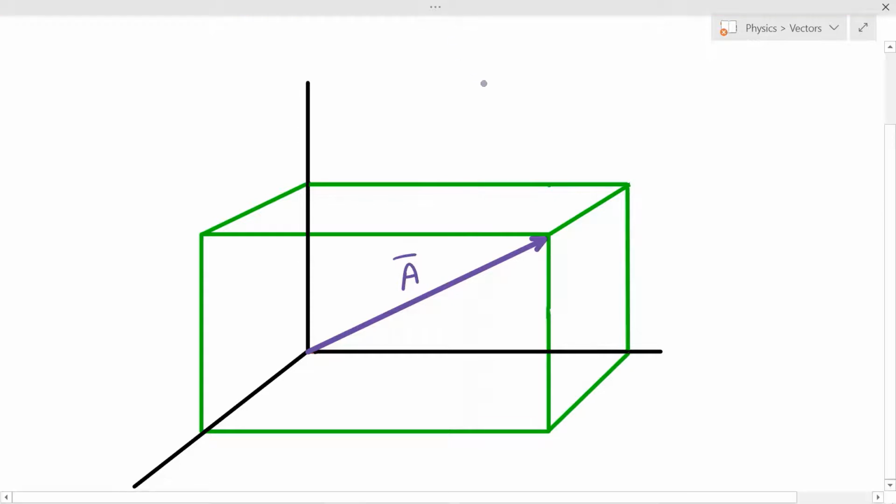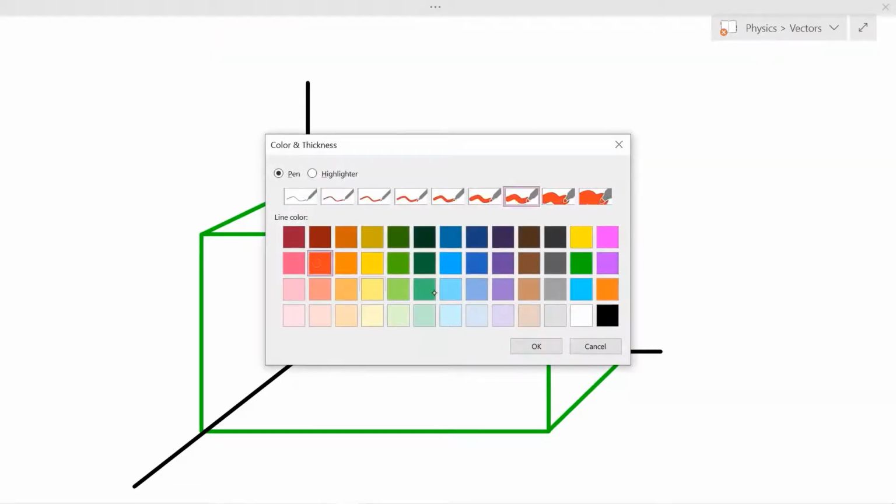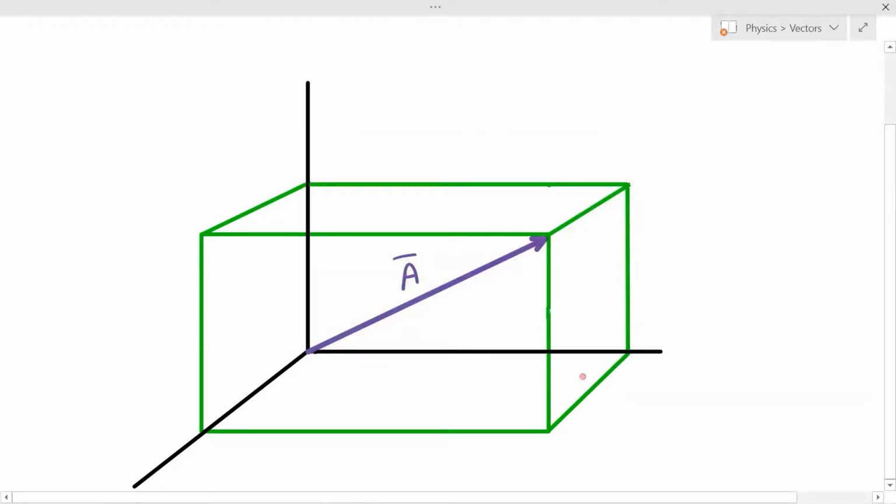So this is the x direction, this is the y direction, and this is the z direction. Let's say the angle between x and a bar we have assumed is alpha, the angle between a bar and y is assumed beta, and the angle between a bar and z is assumed gamma.